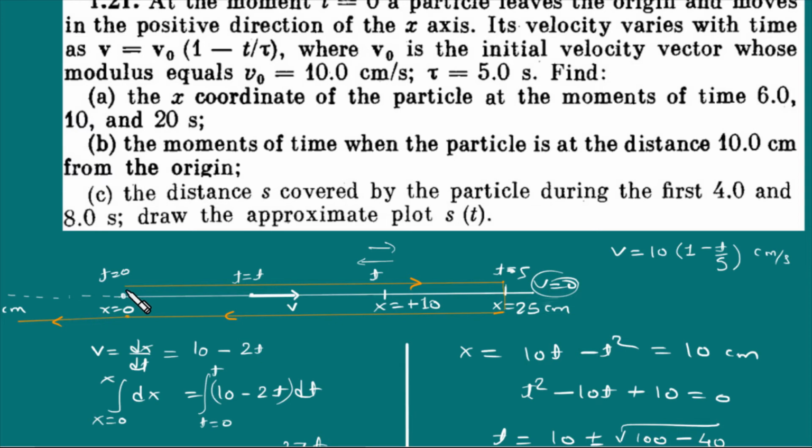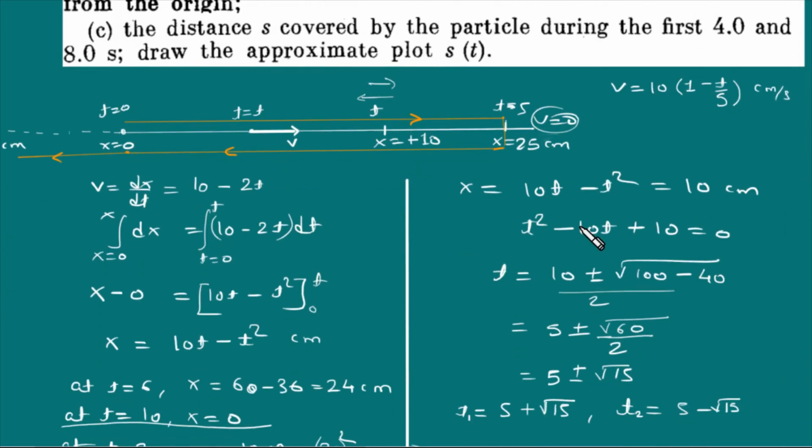Distance from t is equal to 0 to t is equal to 5 seconds, let's say it has traveled 25 centimeter in the right direction. And we already calculated that at t is equal to 10 seconds, the particle has come back to the origin.